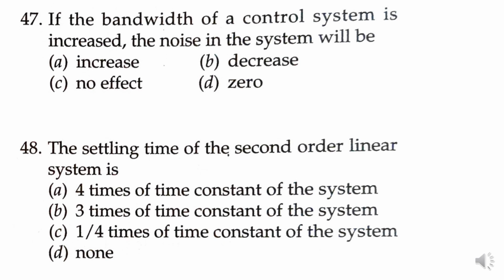If the bandwidth of the control system is increased, the noise in the system will increase because bandwidth is directly proportional to noise. Option A is the correct answer. Then the settling time of a second order linear system is 4 times the time constant of the system. Option A is correct.